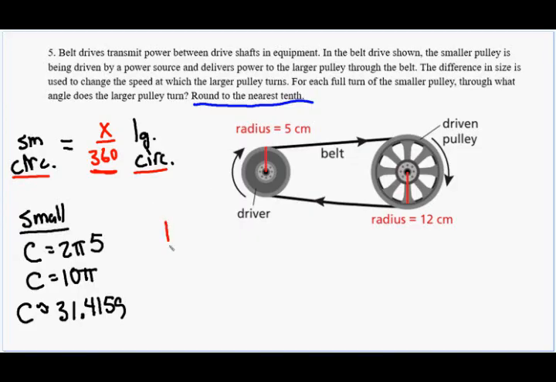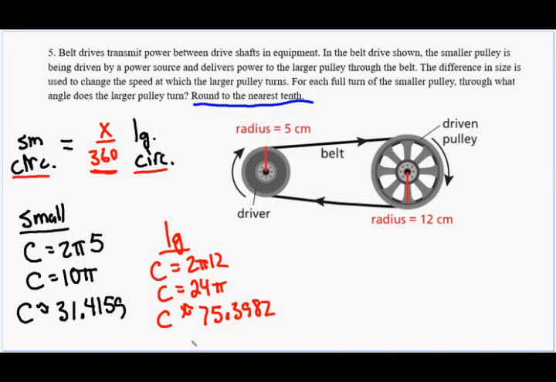Now let's do the large circumference. That's going to be 2 times pi times 12. 2 times 12 is 24, so it's 24 pi's. And then we can get that as a decimal, 75.3982. So just like I have up here, we're going to set them equal.